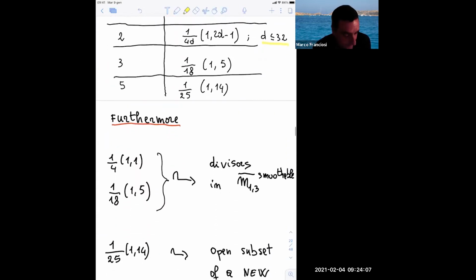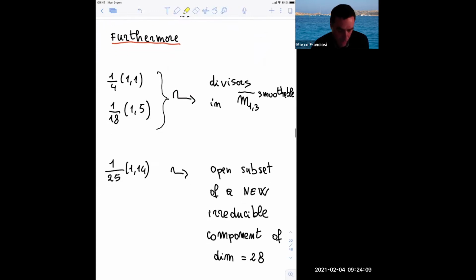Furthermore, we have these interesting aspects. For singularities of type 1/4(1,1) and 1/18(1,5), we obtain divisors in the main components of M_{1,3} bar.